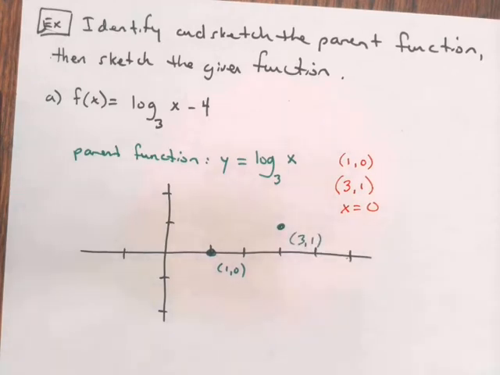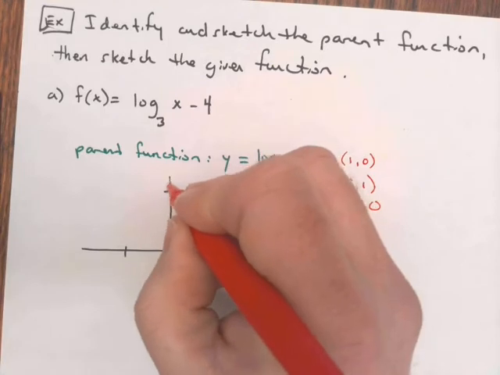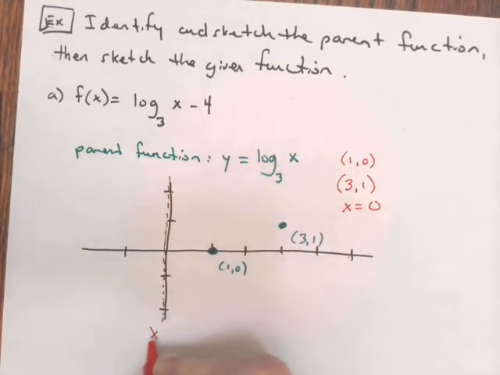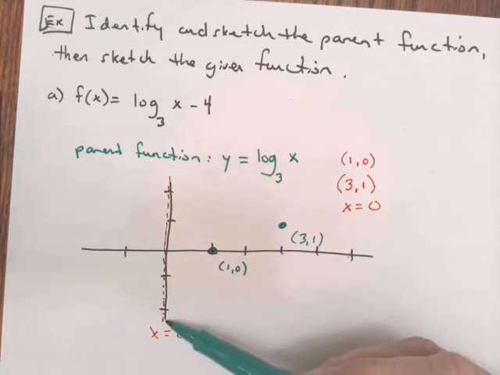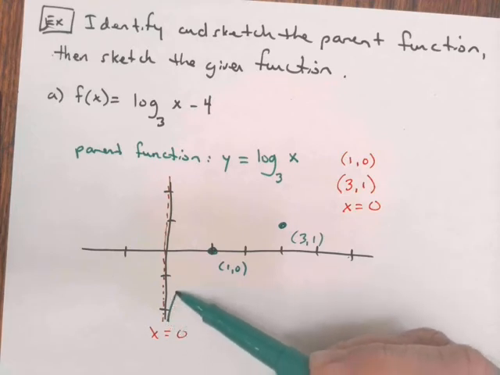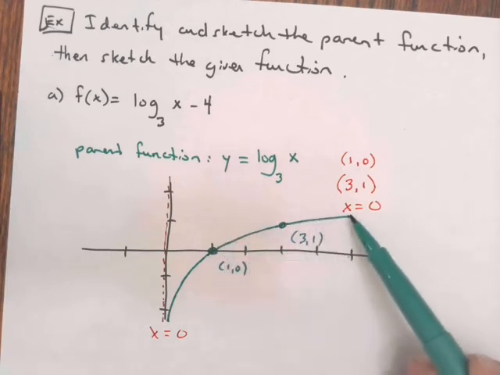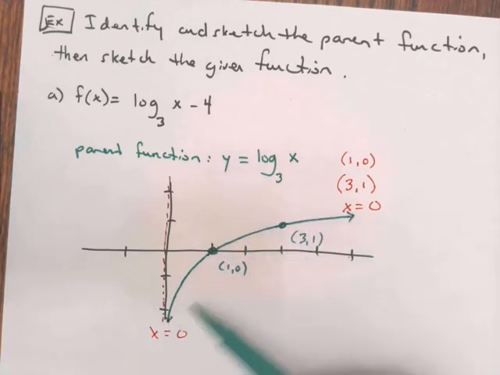I'm going to put in a vertical asymptote at x is equal to 0, which is right on top of our y-axis. And then I can draw in a logarithmic shape from there. The graph will start next to the vertical asymptote at the bottom of the graph, just a little to the right of that. It will curve and go through those 2 points and look something like that.